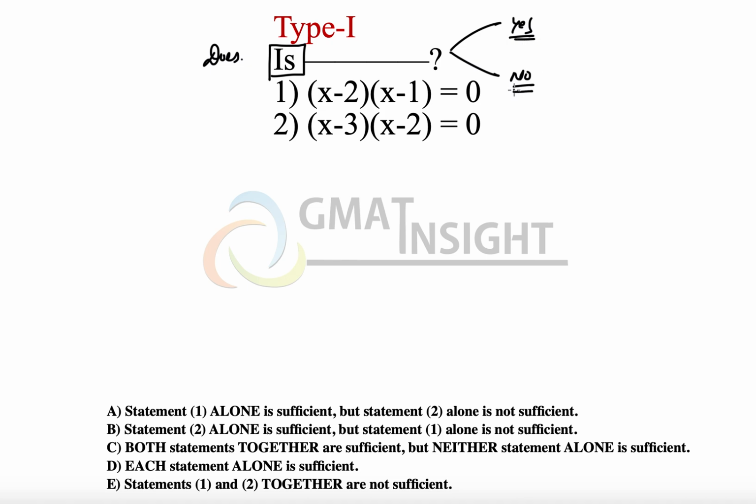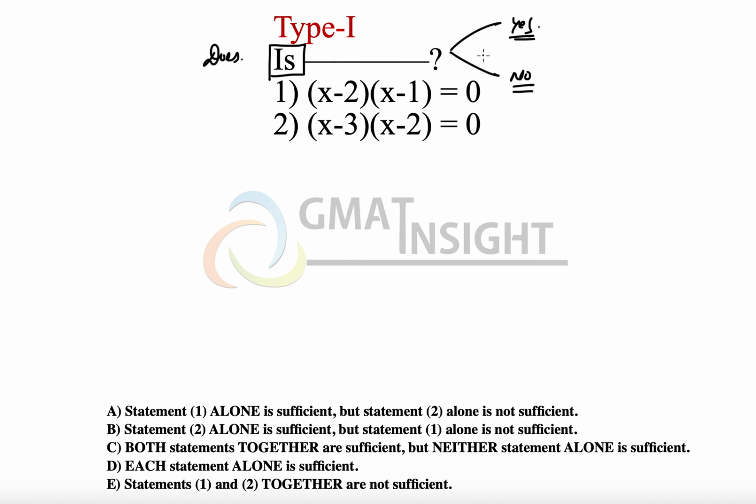The very basic fundamental is that the statement is considered sufficient when the statement can lead us to a conclusion which gives an answer that is either definitely yes or definitely no. If we have a definite answer, the statement is considered sufficient.